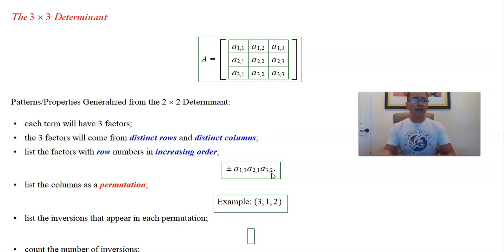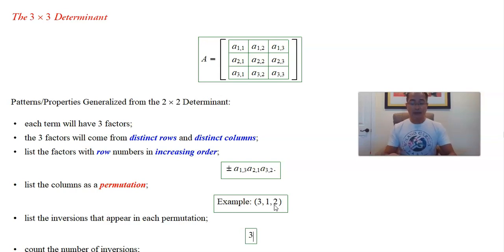Okay, so who are the inversions? What is an inversion? An inversion happens every time a bigger number is to the left of a smaller number. Okay, because we wanted them in the correct order, 1, 2, 3. Okay, well, this one is 3, 1, 2.